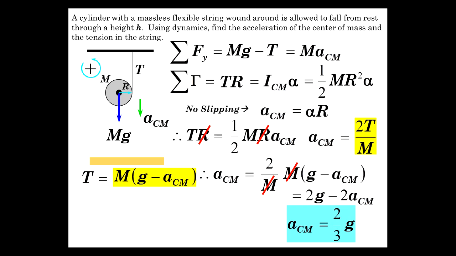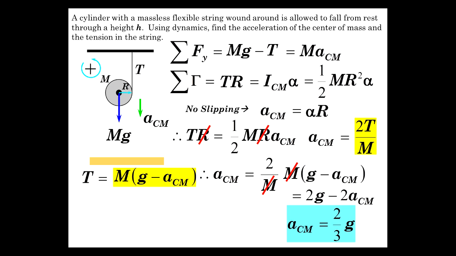If we didn't have the fact that it takes some effort to rotate this, it would just be, of course, g. And this moment of inertia being 1/2 mr squared causes the effective inertia of this to be half what a translational inertia would be.